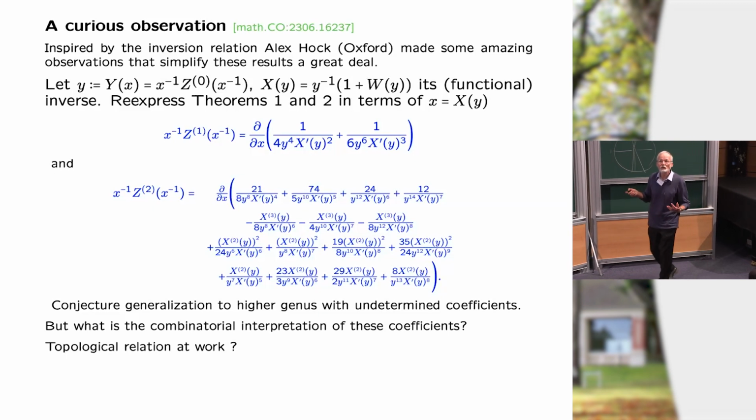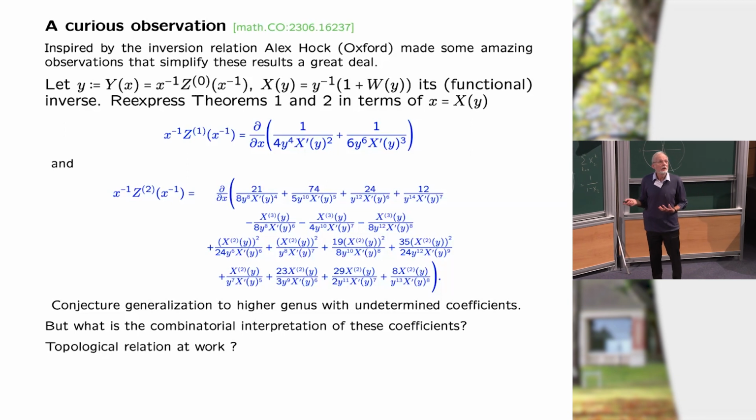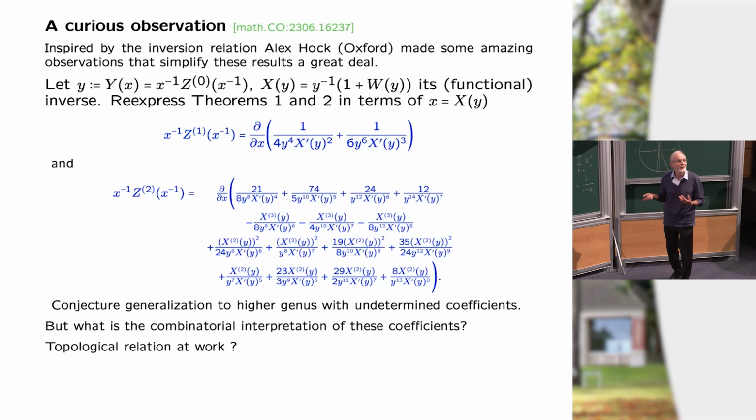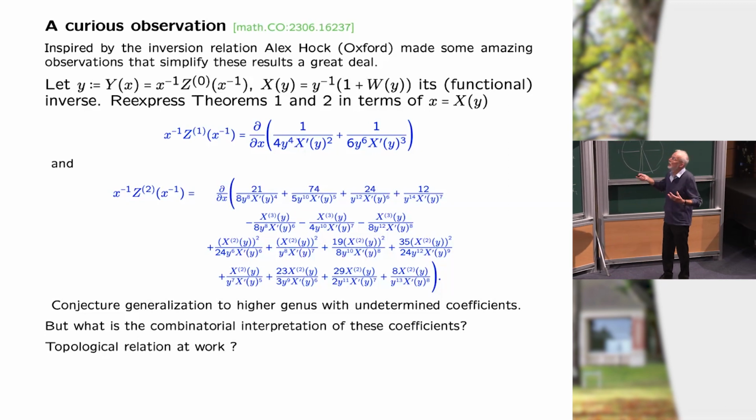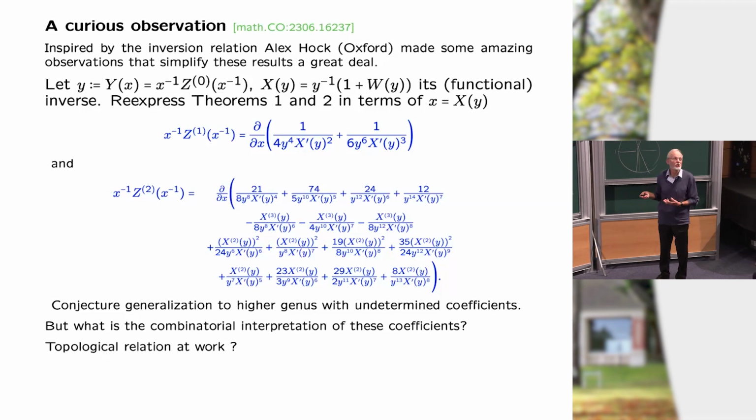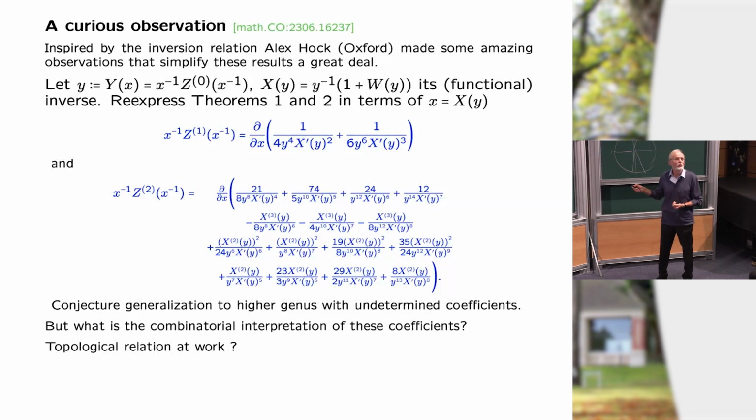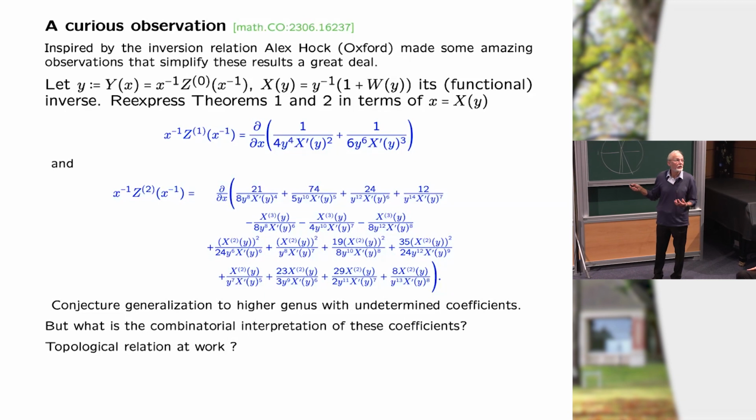For him, it's just empirical, but it makes you think, right? It suggests that there is something, and of course, he made immediately a conjecture of what should be the similar formula for higher genus 3. He had something like 80 or 90, I forgot, coefficients, which for him are still to be determined.